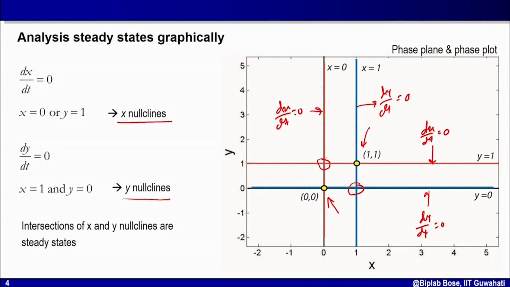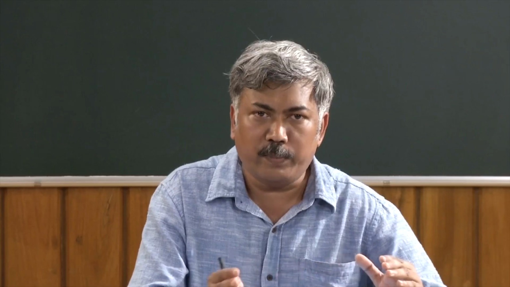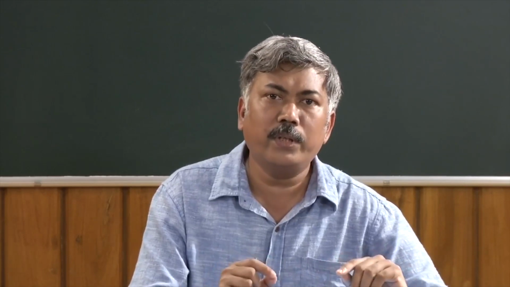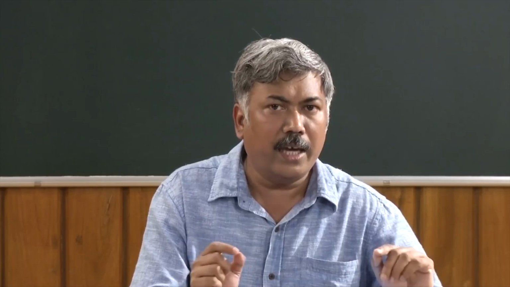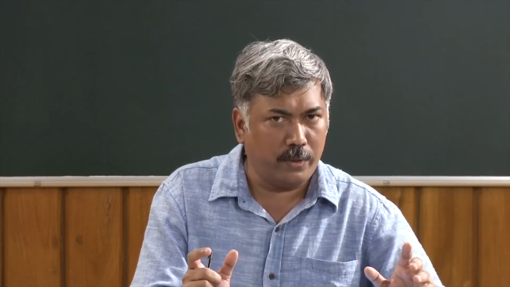So just plotting these null lines on the phase plane and looking for intersection points, we can identify how many steady states are there. If I have 2 dependent variables, I can plot them in a phase plane, put each of their derivatives equal to 0 and draw the null lines, and then look for the intersection points.